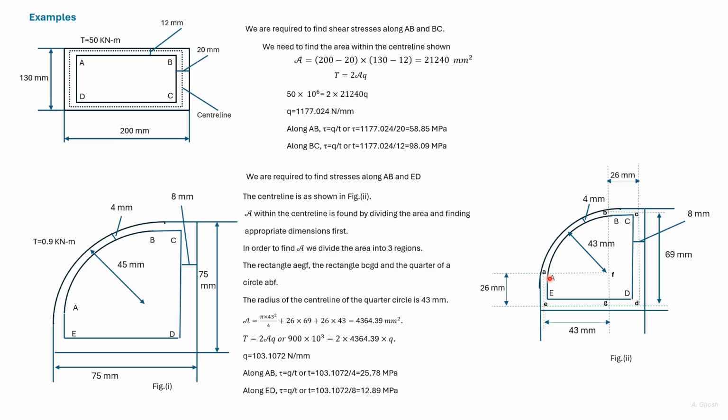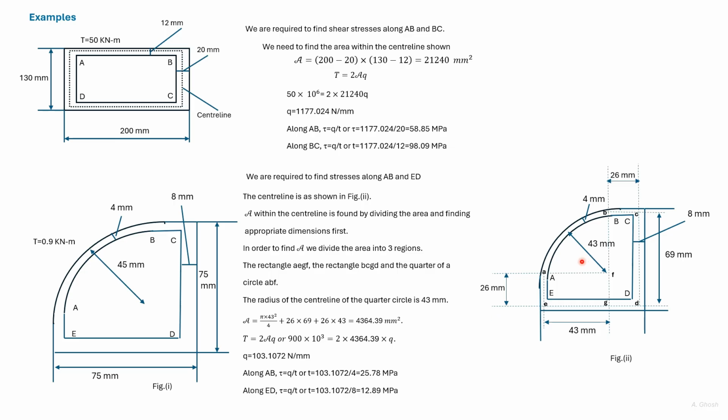Now we can see that distance AF is 43 millimeter, and the distance EG is also 43 millimeter. So the distance BC or GT would be 26 millimeter. We can now find the area of the three portions.